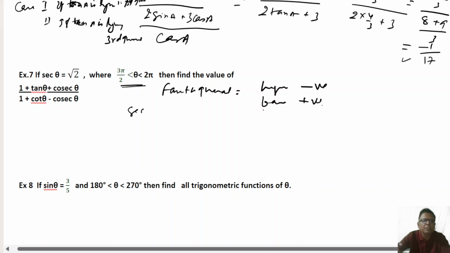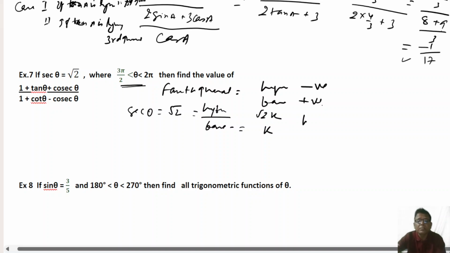So sec theta is equal to root 2. Then this is equal to hypotenuse by base. So hypotenuse is root 2 k and base is equal to k.